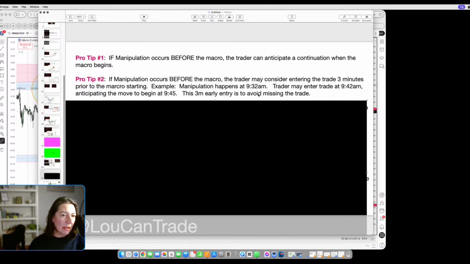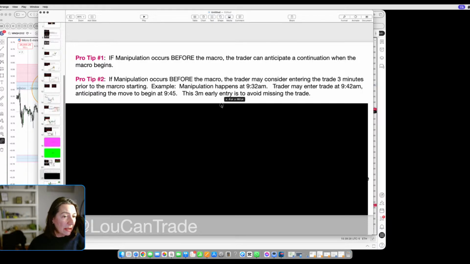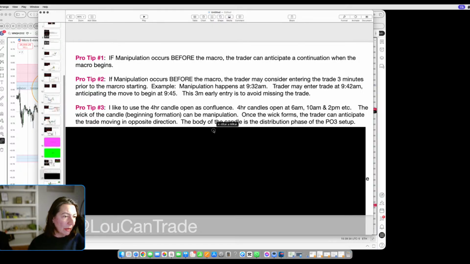You know, sometimes the macro begins and then price just takes off really, really quickly. So this is a rule that you could look at adding to your particular entry model, and just consider adding that to your model.